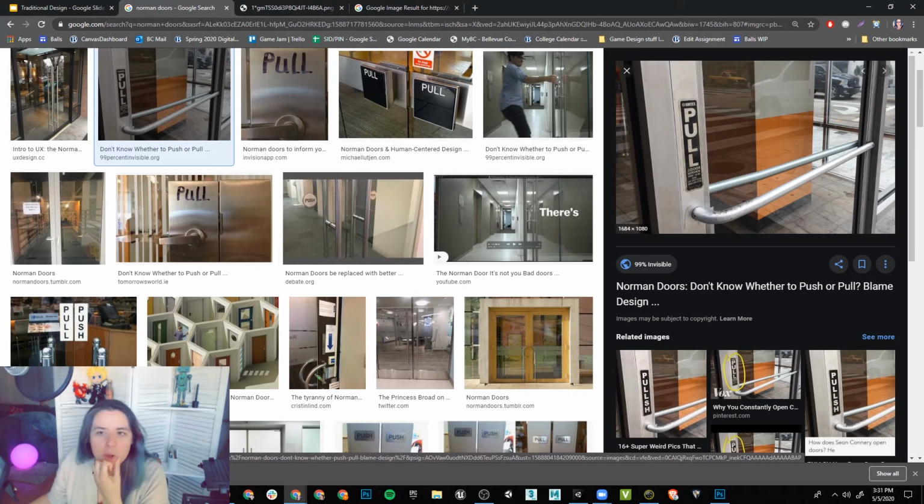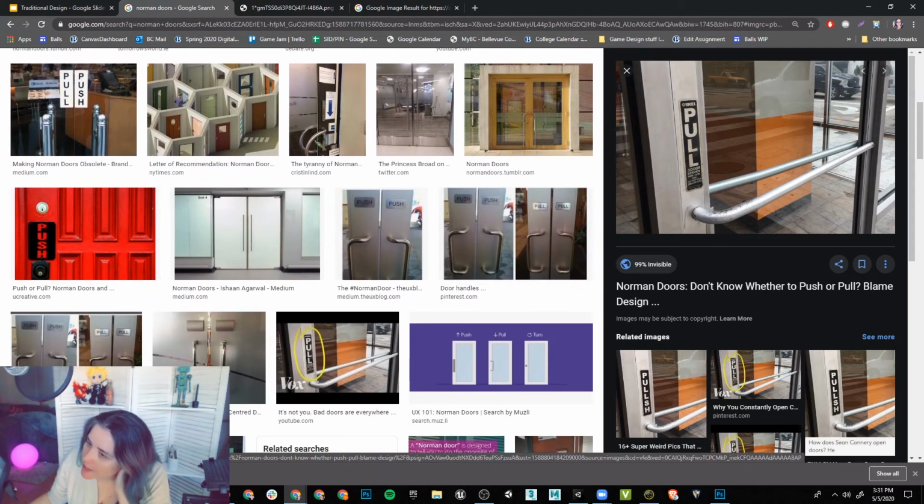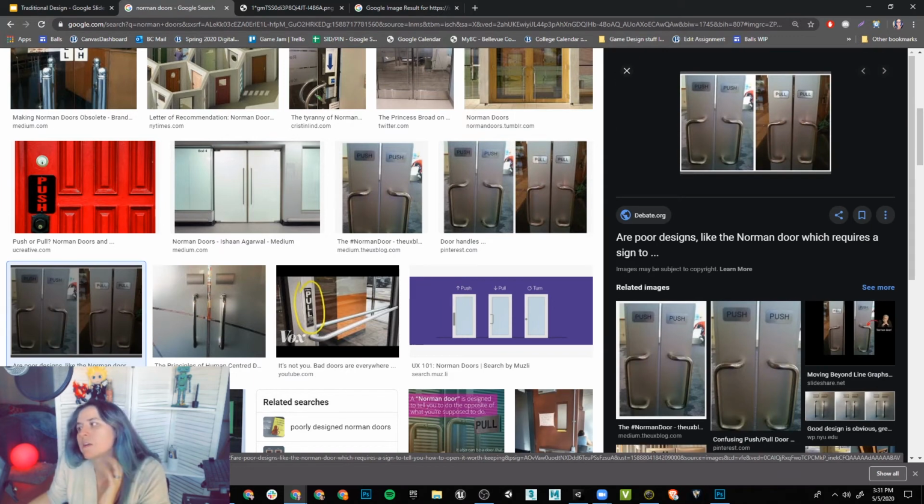I was kind of blown away, honestly, that designers were more drawn to aesthetics, like these fancy handles and the symmetry and all of that, but wouldn't put thought into the affordances that the handles give you. When you see a handle, you instinctively want to pull it.